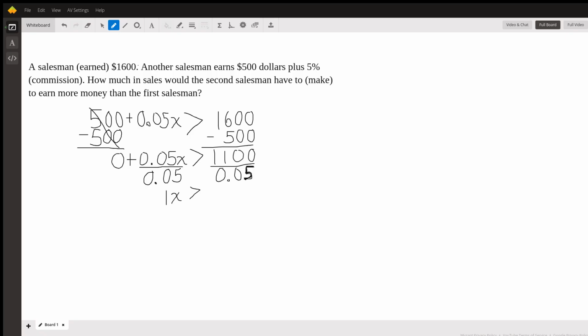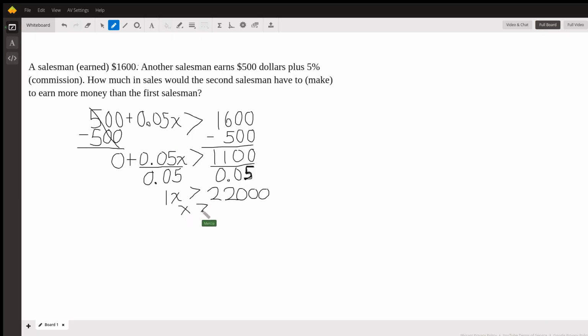Got my 1100 up. I'm going to divide by 0.05. There we go. And I can see that the amount of sales is $22,000. And of course, 1 times x, 1x, is still x.